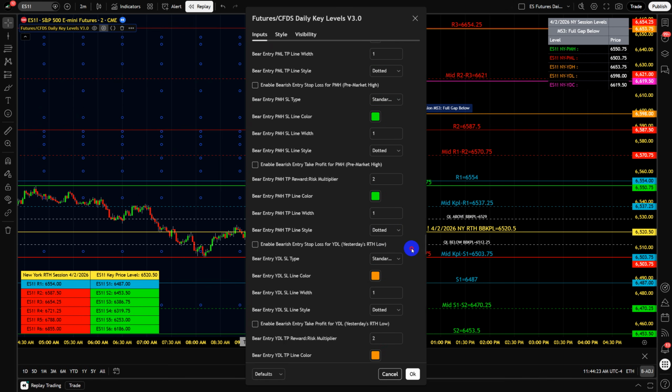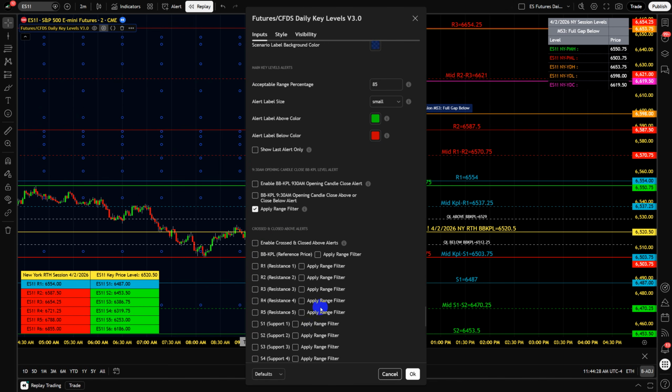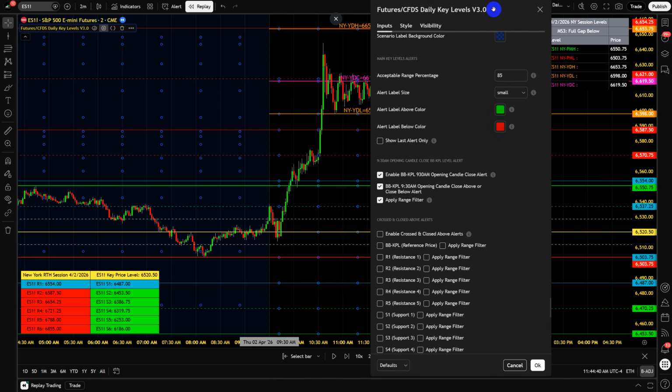All right, so we'll go back down here. Turn on opening candle close above or below, and apply the range filter. So as you can see here, we'll turn this on normal.